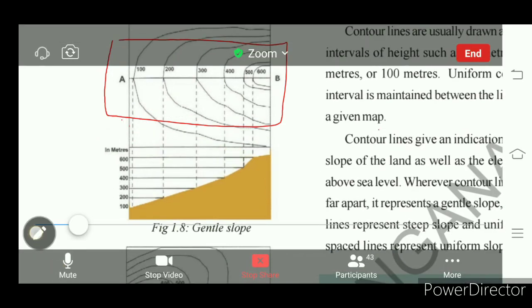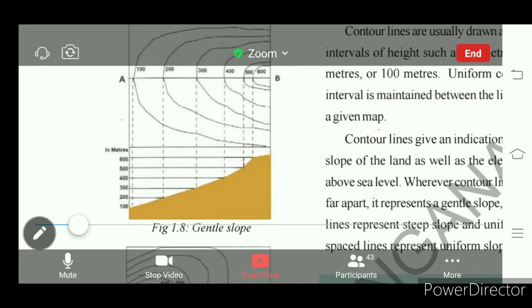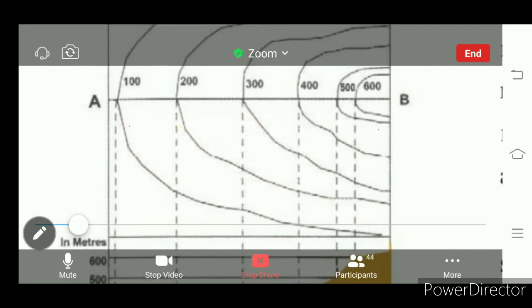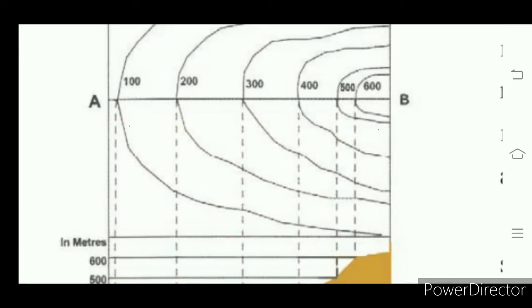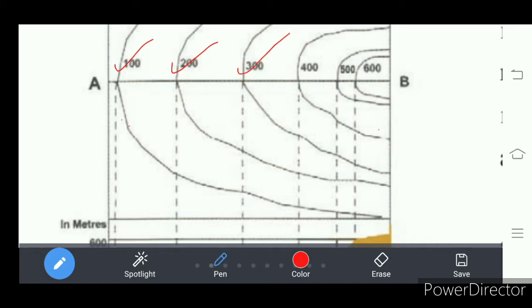Contour lines are drawn here with certain distance. Look at here. How are these lines? Here it is shown 100 meters height. The next is 200 meters height. 300 meters height. 400, 500, 600.